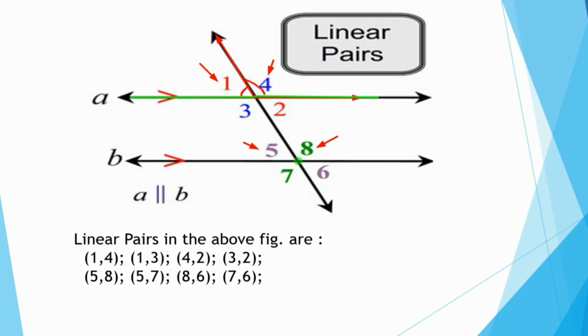Same way, if I change the pair, 5 and 7 also form a linear pair. Same way 7 and 6 form a linear pair. This way we can write pairs of linear angles.